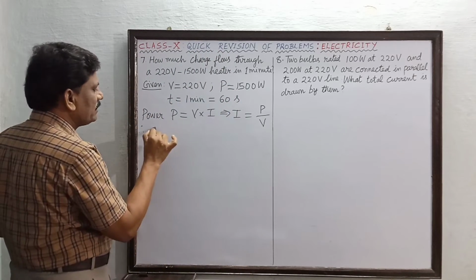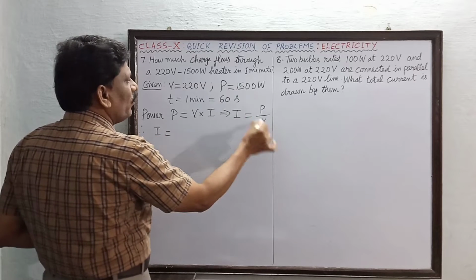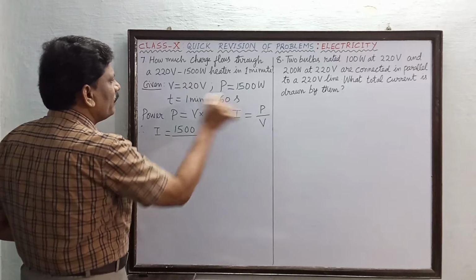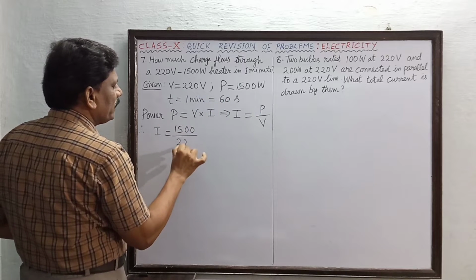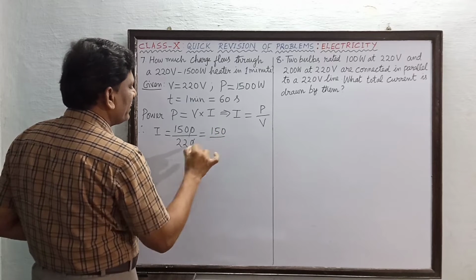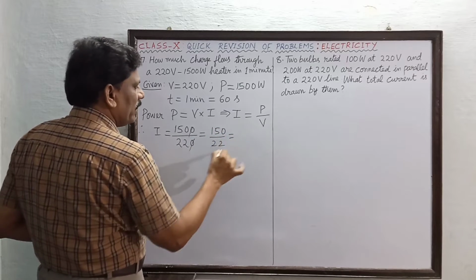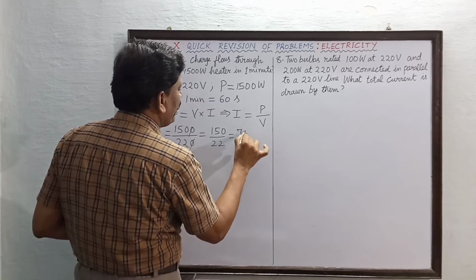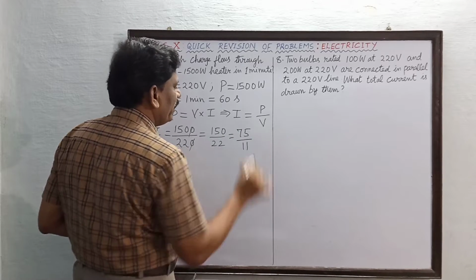Therefore, current I is equal to power by voltage, so this is 1500 divided by 220. This is equal to 150 divided by 22. Again, if you divide this by 2, it is 75 divided by 11.